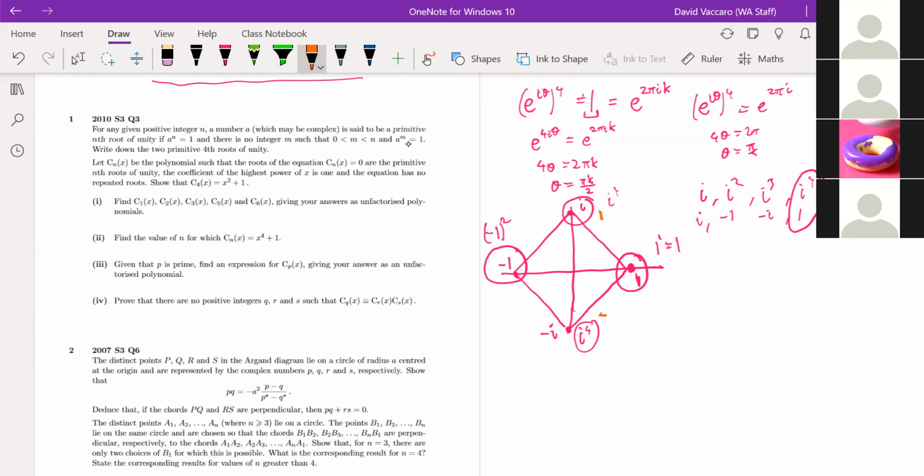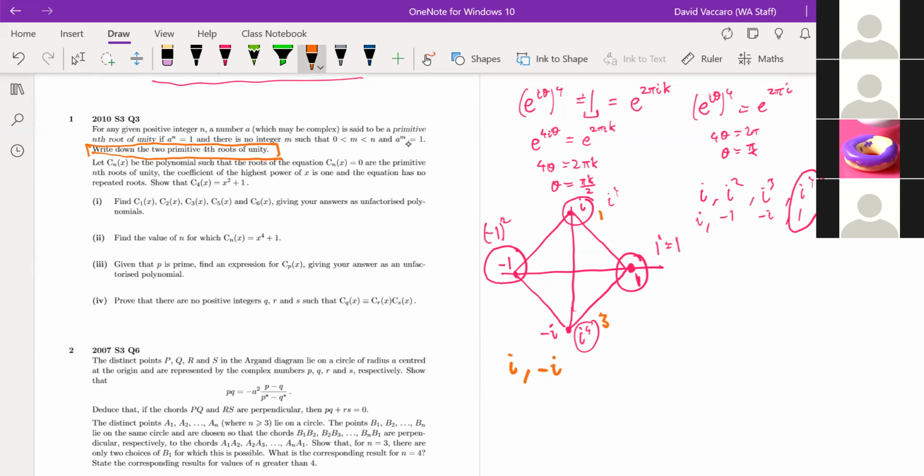The first and third powers, 1 and 3, are coprime to 4, so to get them to a multiple of 4, you really need to raise to the power 4. Notice that I've written far too much, because it just said write down the two primitive fourth roots of unity. I could have just written down that the primitive fourth roots are i and negative i.